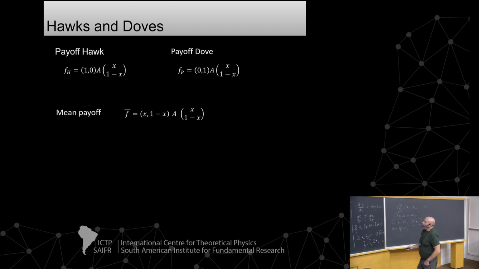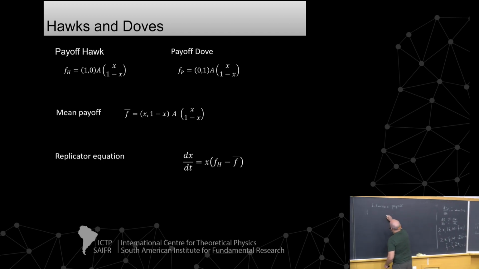Okay, so let's try to calculate the mean payoff. So the mean payoff is this one. If I take any vector here, (x, 1 minus x), against (x, 1 minus x), this is the mean payoff of the population. The replicator equation for this is, in this case, an equation for x, for the hawk, and an equation for 1 minus x, for the dove.